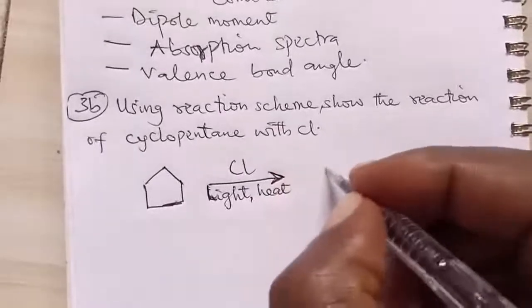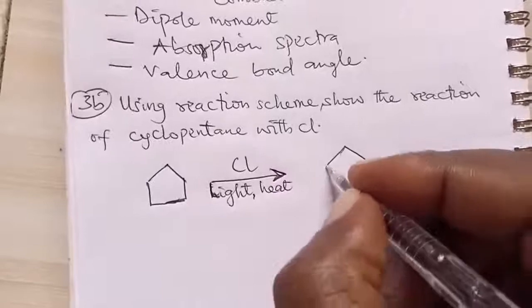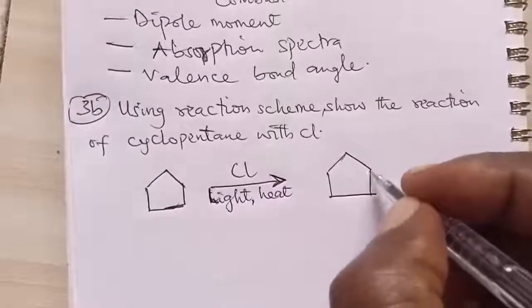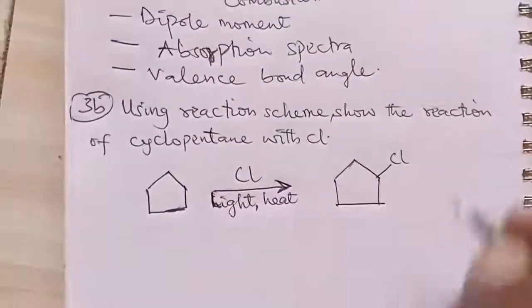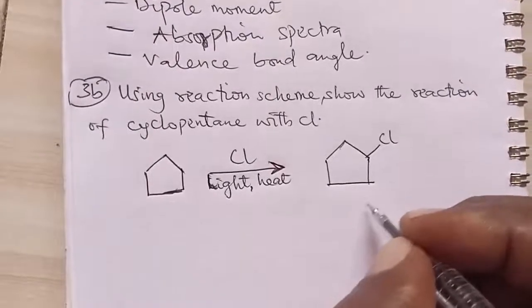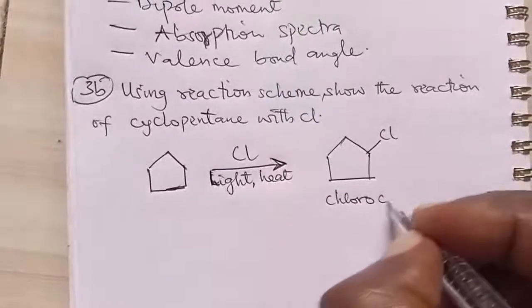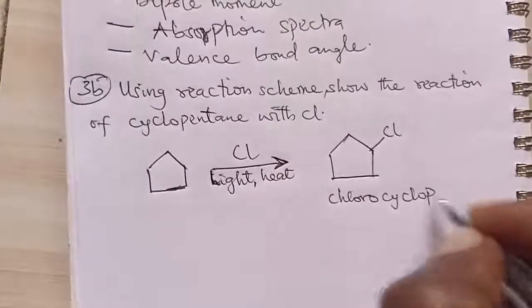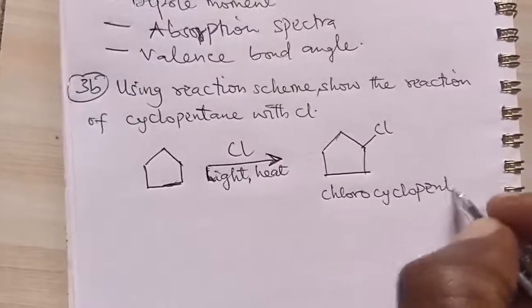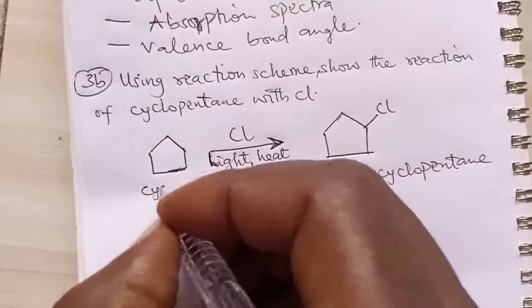Then it will give you chlorine comes here to stay. So this is chlorocyclopentane. So this is cyclopentane.